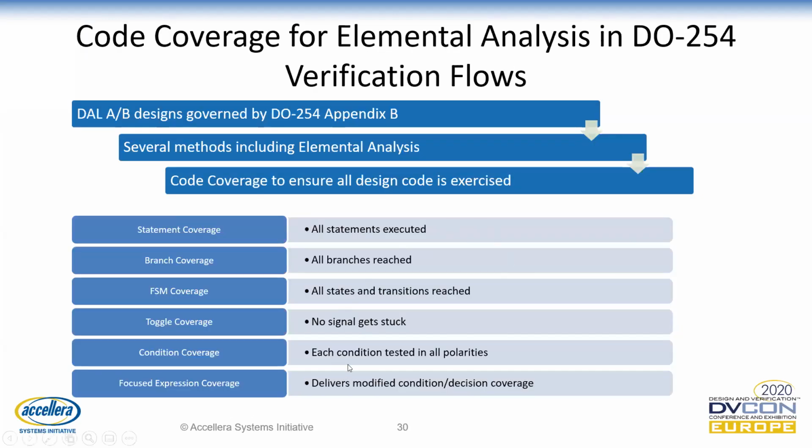OneSpin targets all of these items. Statement coverage and branch coverage are targeted with Quantify. FSM coverage and toggle coverage are targeted with the specific apps. Condition coverage and focused expression coverage can be targeted with assertion-based verification.